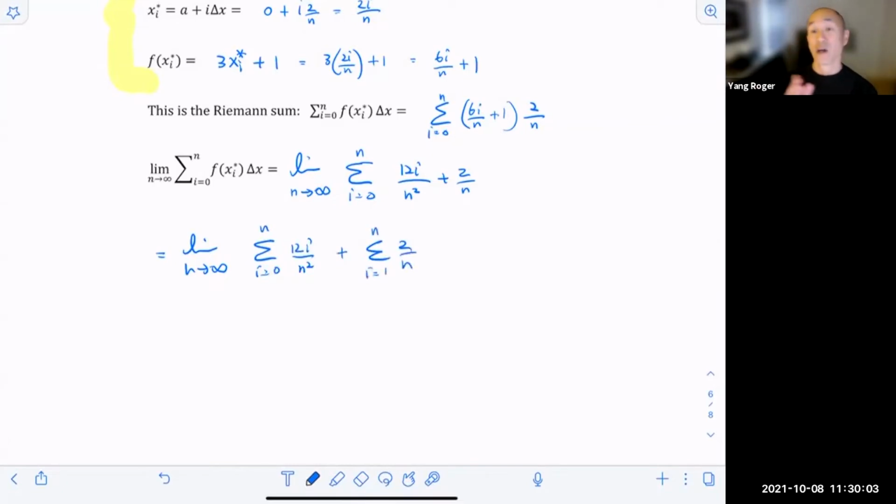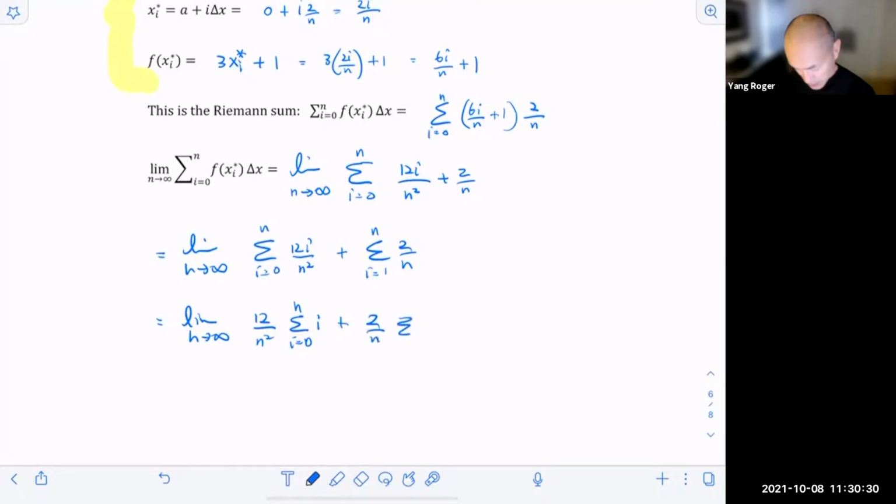So I just use that sum law. This guy I could split up further. So this would be the limit as n goes to infinity. I could factor out the constants, and anything other than i is treated as a constant. So this will be 12 over n squared times the summation as i goes from 0 to n of i plus 2 over n, summation as i goes from 1 to n, times 2. Okay.